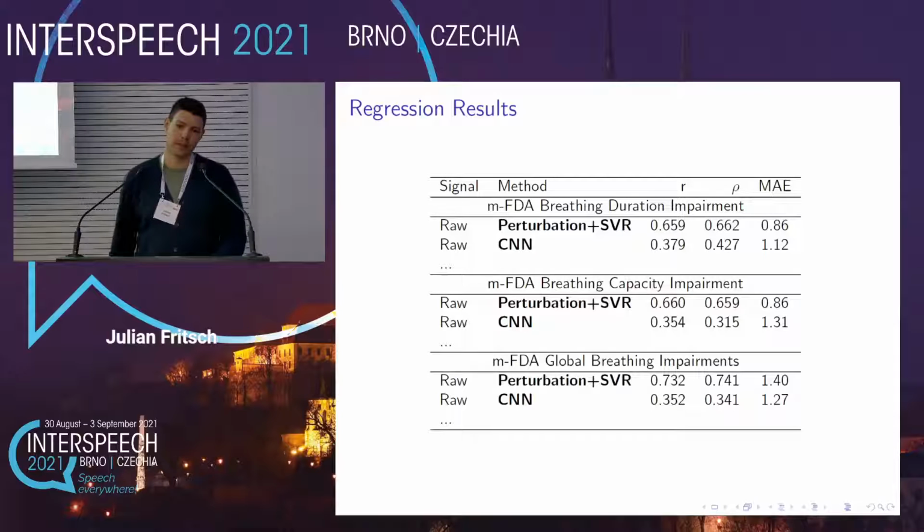In terms of mean average error, for the global breathing impairment, we have an average error of 1.4, which means that for every estimate that we make on a range of 0 to 8, we make an error of 1.4.